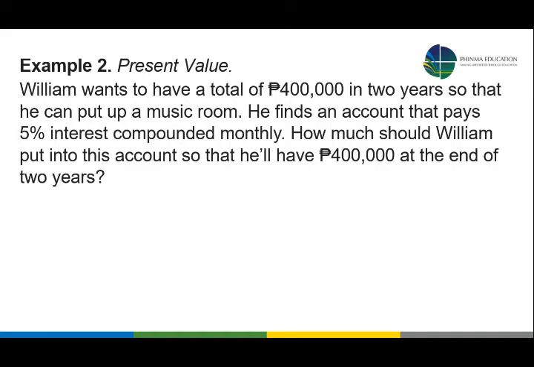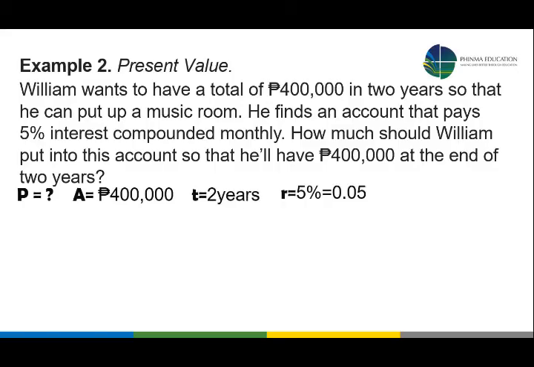What William wants to know is how much money he will put into an account that will accumulate to 400,000 pesos after 2 years, with 5% interest compounded monthly. So he's looking for P, or present value, with the given future value of 400,000 pesos.